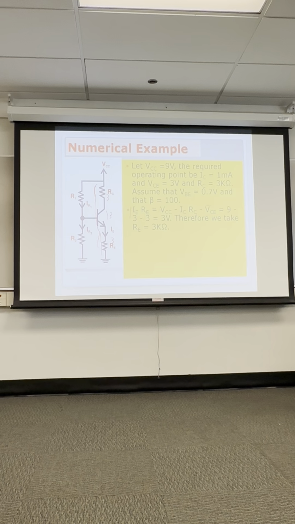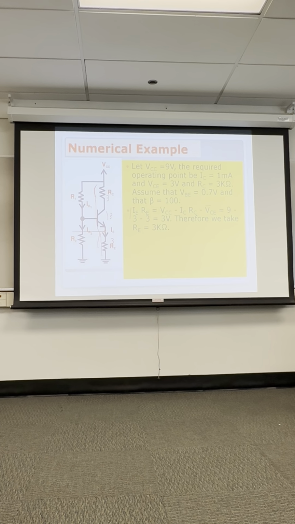And if R sub E has 3 volts across it, and we assume alpha equal to 1, what's the voltage on the emitter here? We have 1 milliamp, and what's the voltage? 1 milliamp times 3K. There's 3 volts on the emitter.